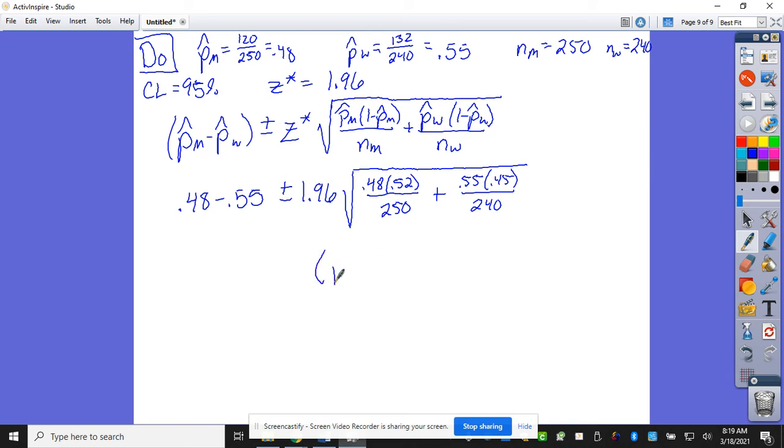What are we estimating in between? That parameter PM minus parameter PW is between the two numbers. So this should be what goes in between now.